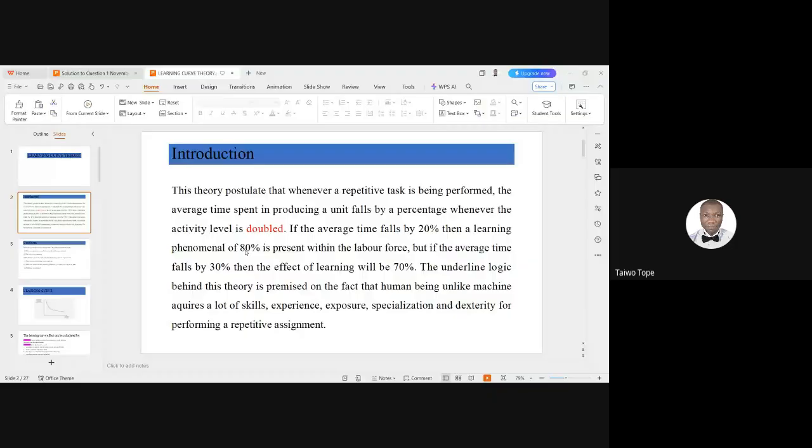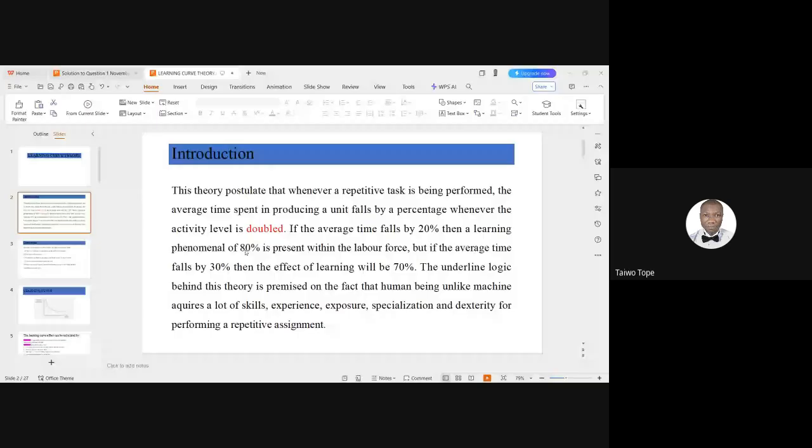So as I was saying, experience improves performance: each time cumulative output doubles, the time or cost required to produce each unit falls by a fixed percentage. The rate at which the time falls can be termed the learning rate. What do we mean by learning rate?